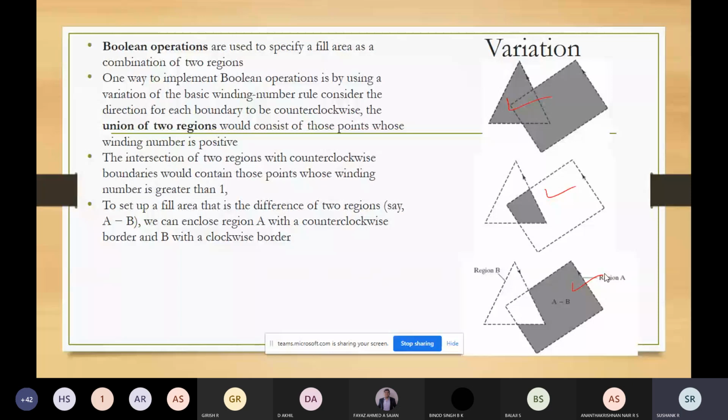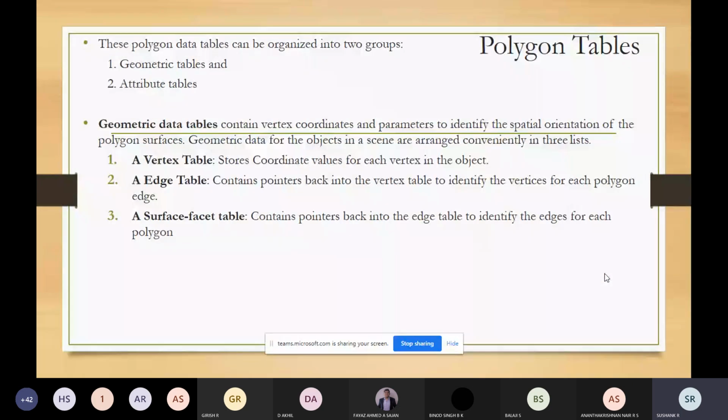After this, we'll talk about polygon tables. What does a polygon table mean? Whatever object is being described will be stored as a set of polygon surfaces. The description of each object will include information like the geometry of the polygon face, the color, the transparency, and its light reflection properties.